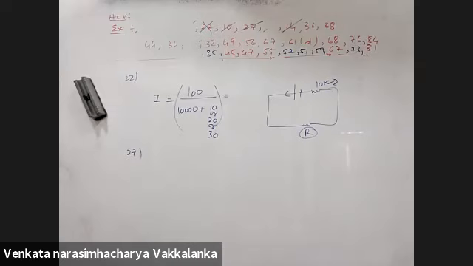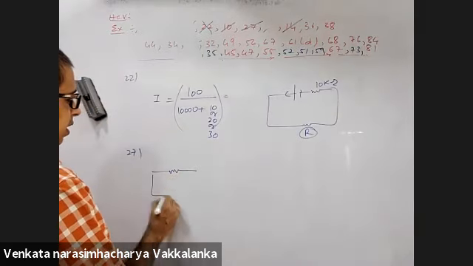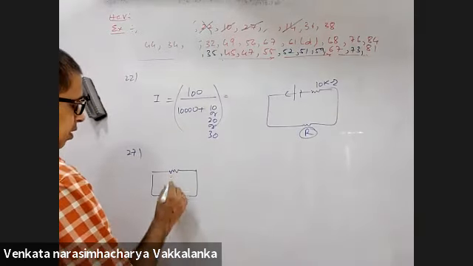A switch selects whether the filaments are used individually or in parallel. When used with a 15-volt battery, the bulb can be operated at 5 watts, 10 watts, or 15 watts. What would be the resistance of the filaments? I have one filament across.